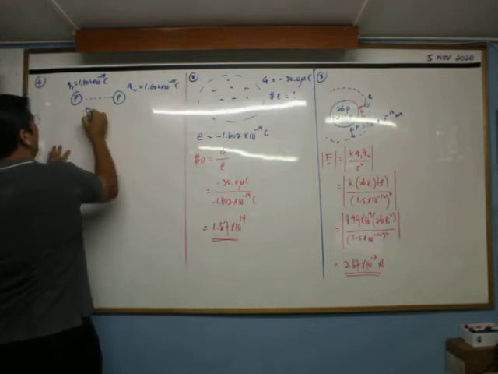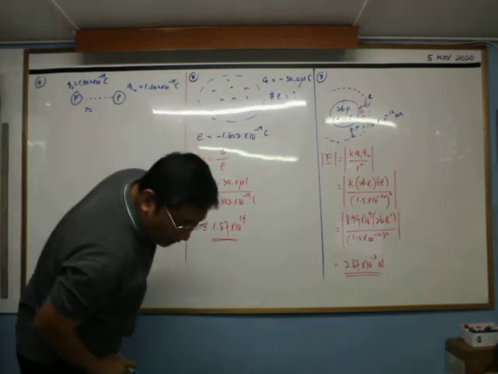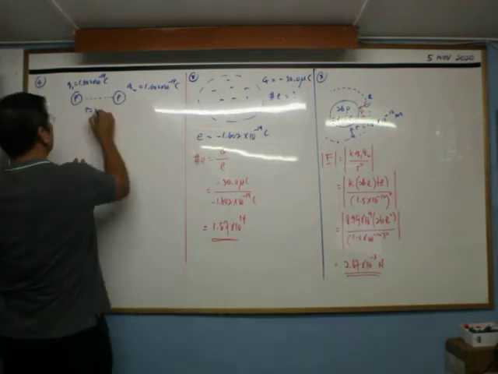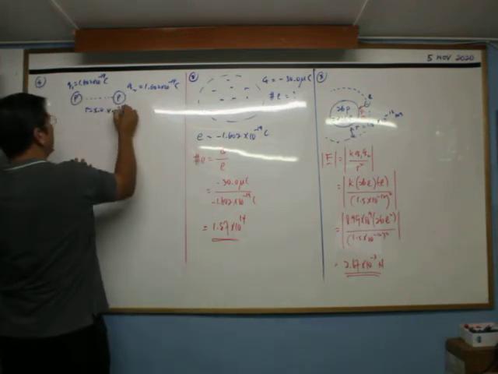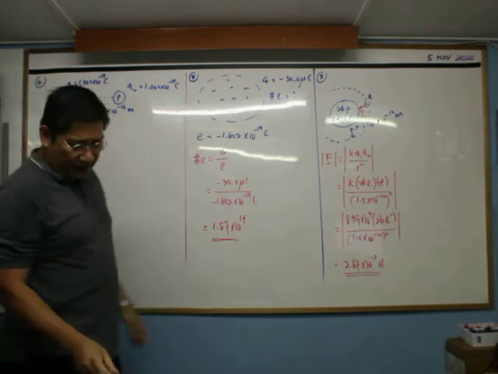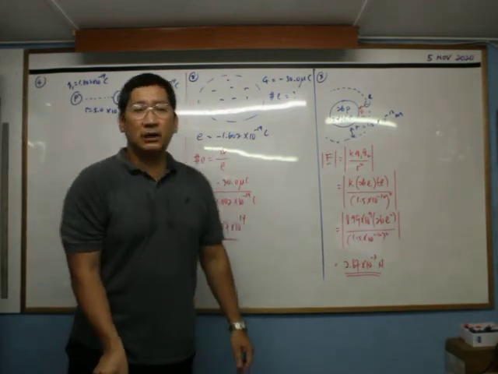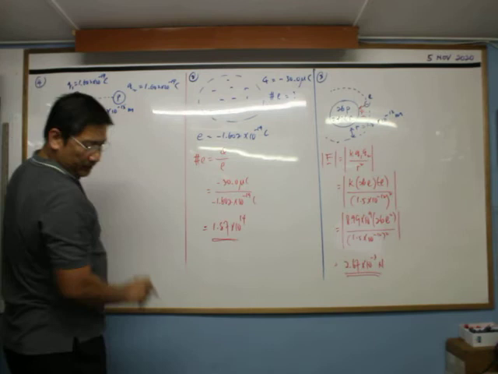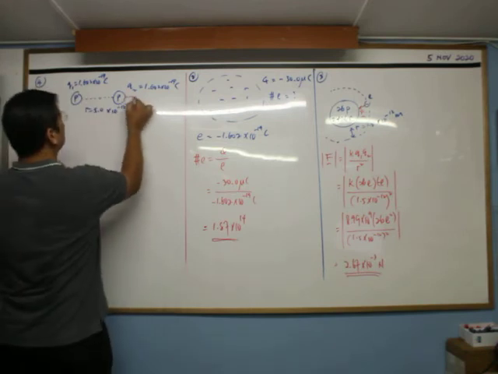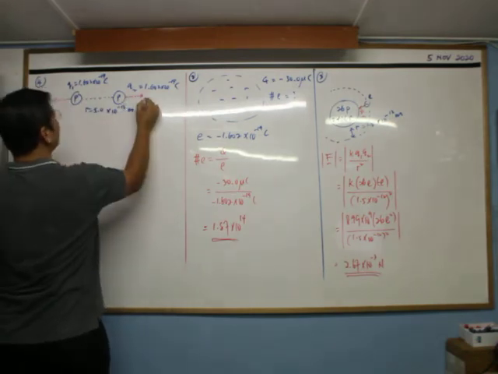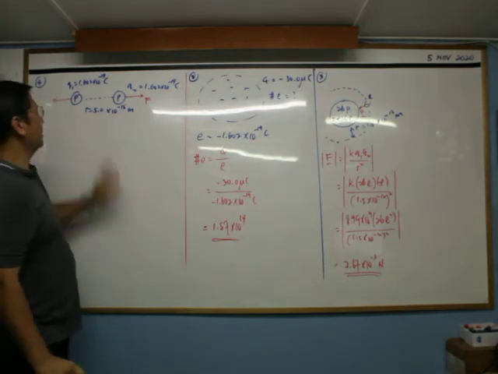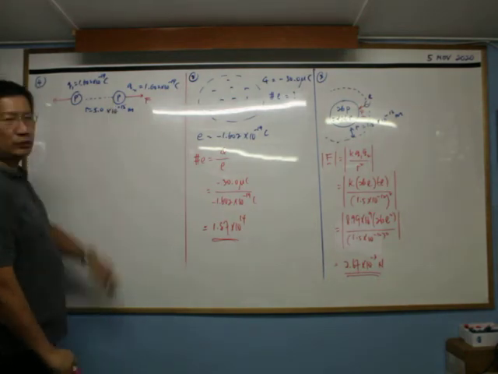The distance r is 5.0 10 to the power minus 15 meter. Very close. That's a nuclear scale already. Okay. So same formula, we know that they're going to repel each other. The repulsive force I'll call F. But we need to calculate for one only because the other one is the same.